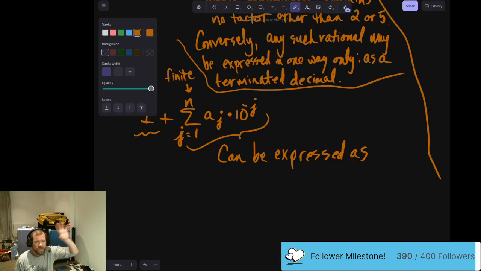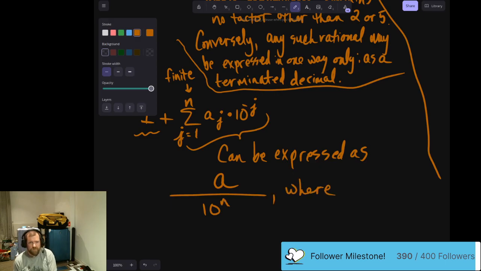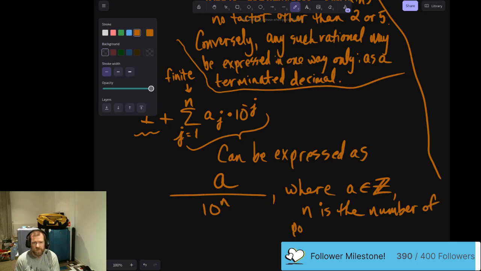as some integer a divided by 10 to the n, where a is some integer and n is the number of positions after the decimal.